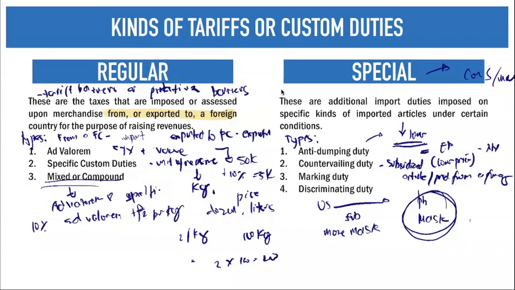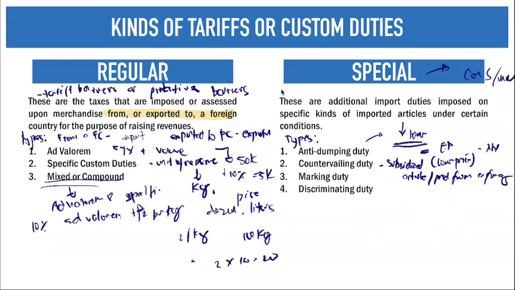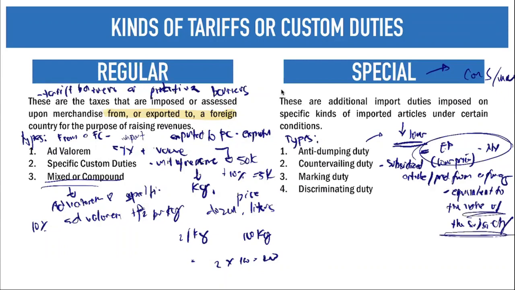If the amount of your anti-dumping duty is equal to your export price less the normal value, how about your countervailing duty? The countervailing duty is equivalent to the value of the subsidy. Okay? Anti-dumping duty, the lower price versus the normal value. Countervailing duty, it is the value of the subsidy.